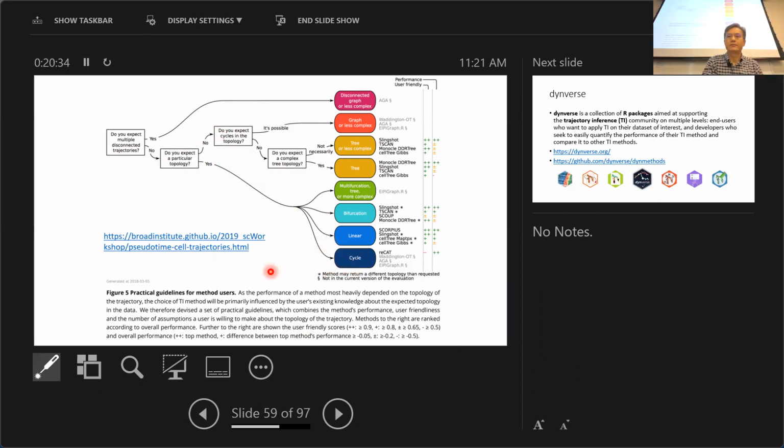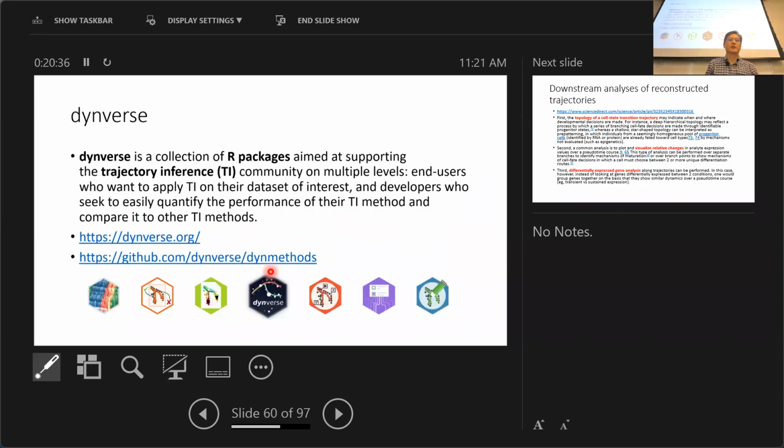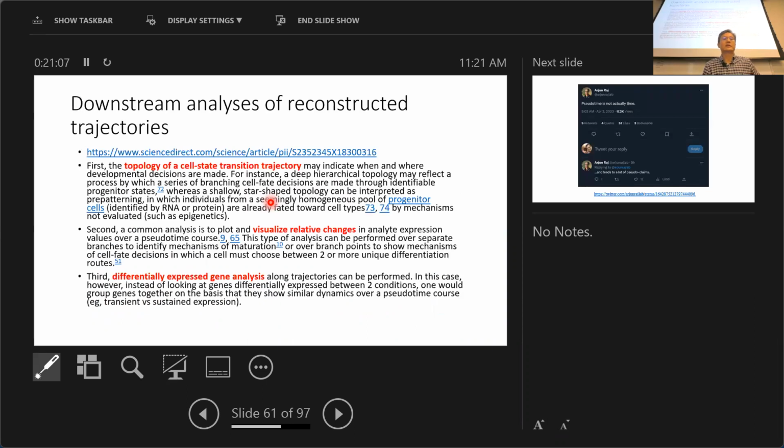So there is another package developed in R, called Dynverse. Dynverse tries to collect all the methods on the market and put them under the same umbrella. So once you have installed this, you can run all different kinds of these algorithms under the same framework. I don't know how they did this. It's kind of engineering.